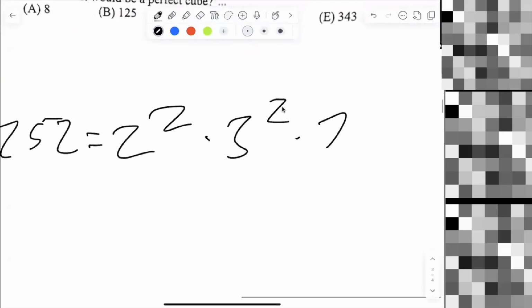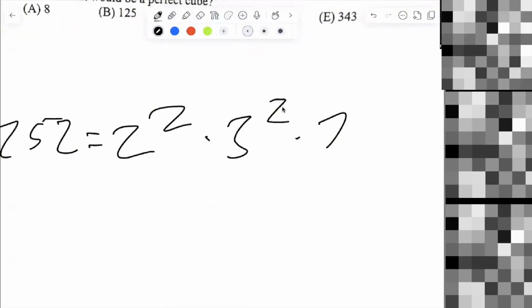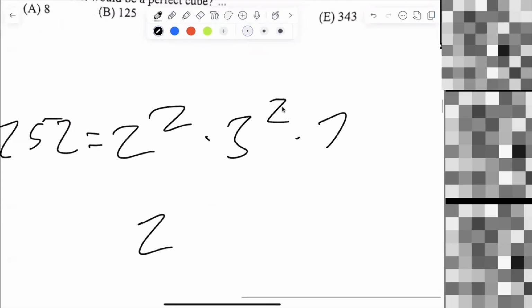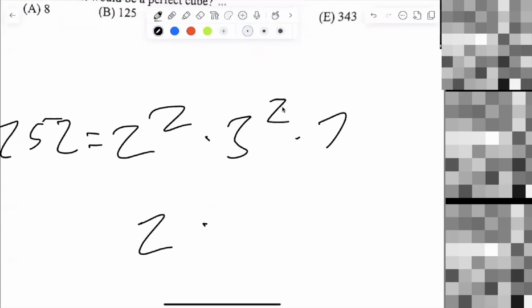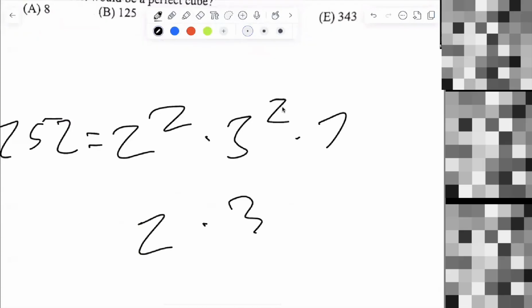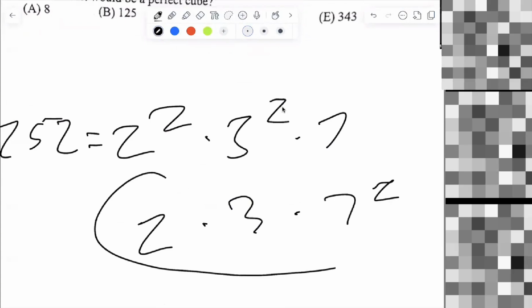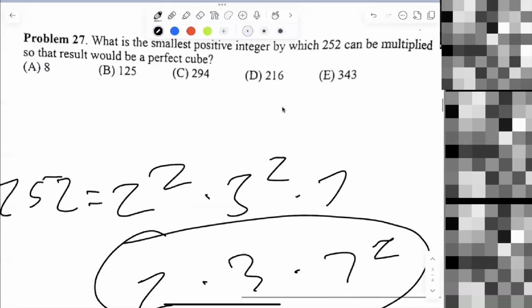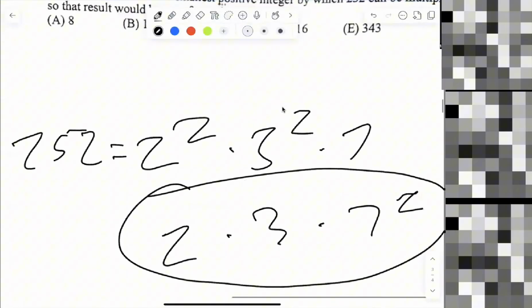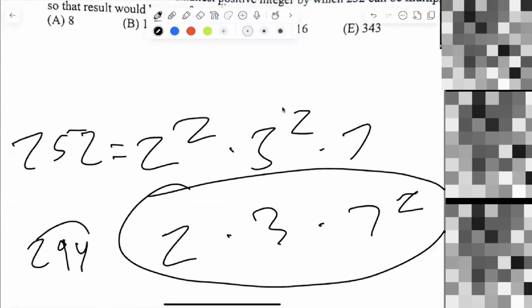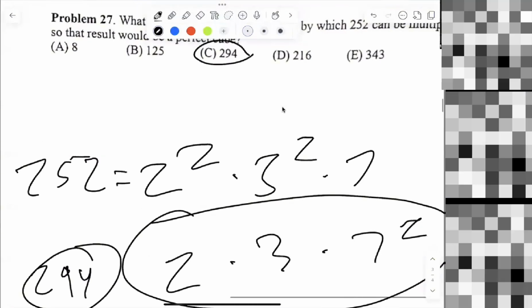From here, notice that 2 squared to get to a cube is just 2 cubed. That's when we have to multiply by 2. 3 squared, exact same thing, we gotta multiply by 3. And for 7, we gotta multiply by 2 sevens, or 7 squared. So we gotta multiply by this number in order to make it a perfect cube, which, when we multiply it all together, is just 294. So the answer to this question is just C.